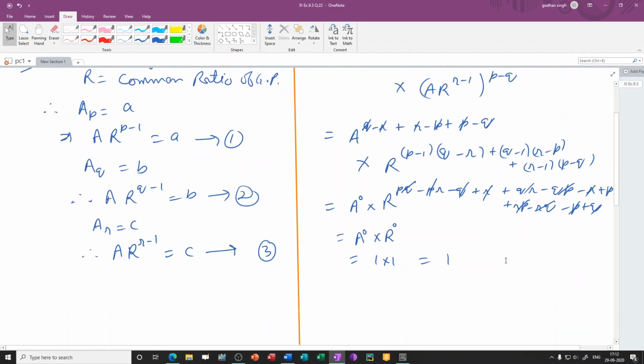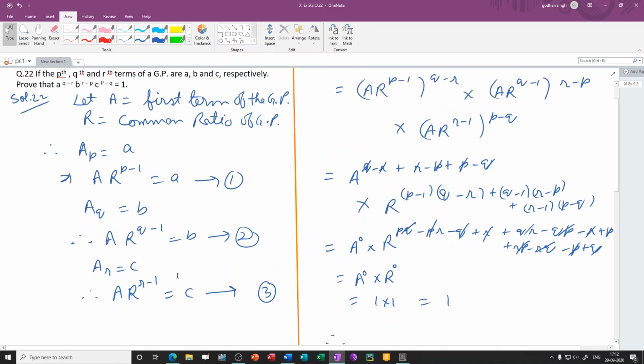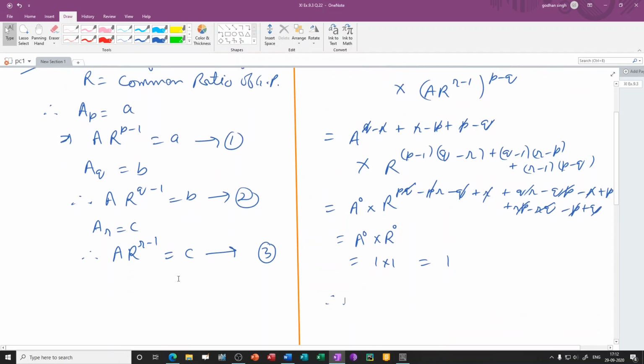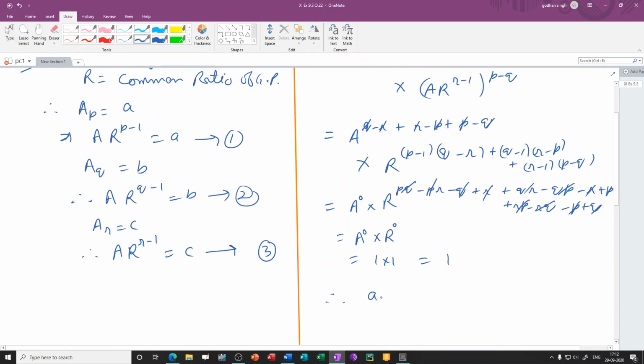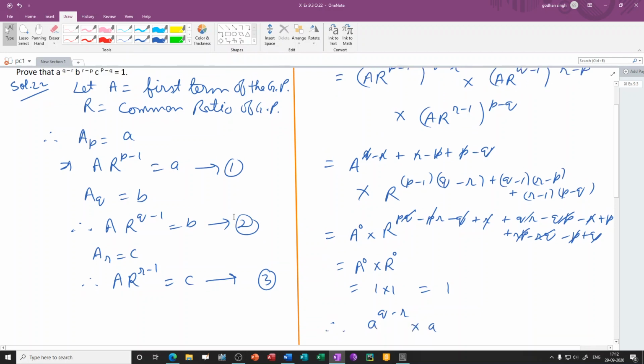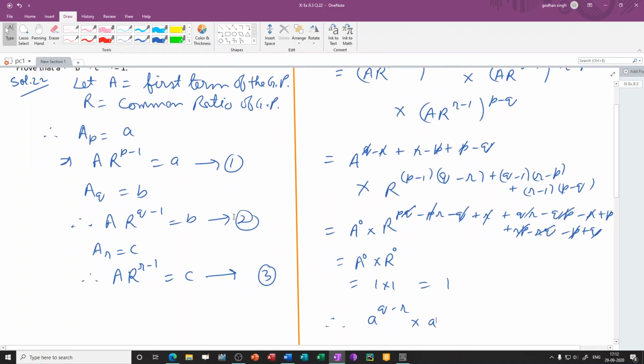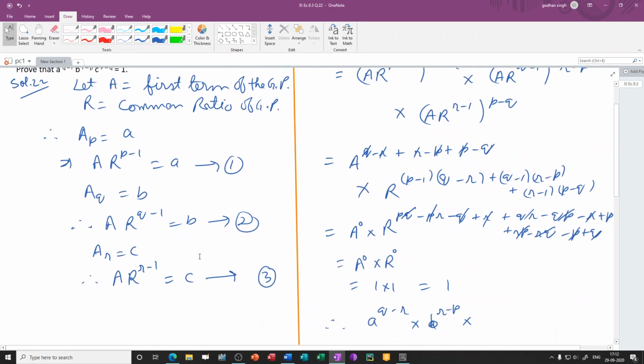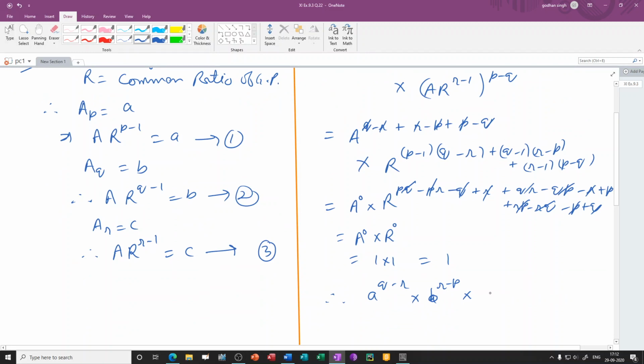And what is that? Therefore we can say that we will be writing the same thing, that is a raised to q minus r into b raised to r minus p into c raised to p minus q, and that what we have got as 1.